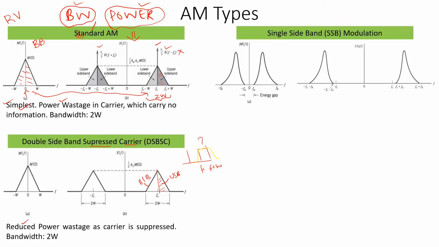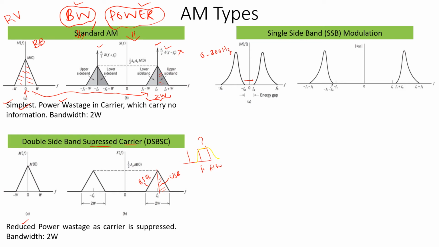But luckily, in some signals like voice signal, the spectra of the voice signal will be like this. You can see we have some energy gap. Over this frequency range there is no energy; in voice signal, say 0 to 300 Hertz, we have a null. There is no frequency content from 0 to 300 hertz in our voice.